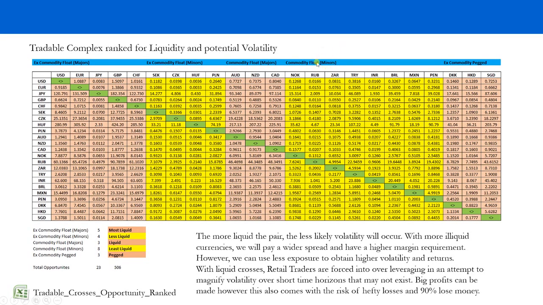And then we have minors that are considered minors by retail brokerage platforms that are also dependent heavily on one or two commodities.